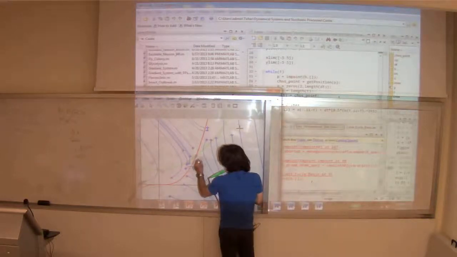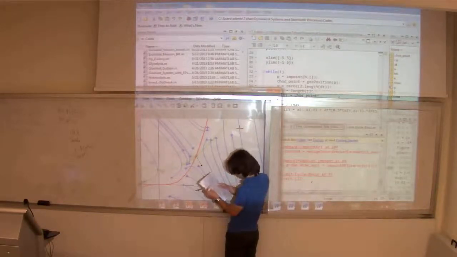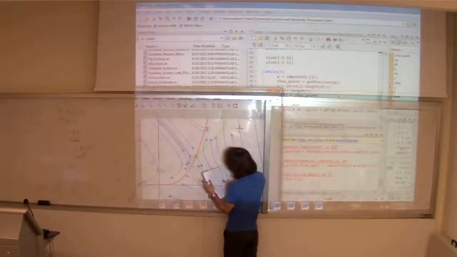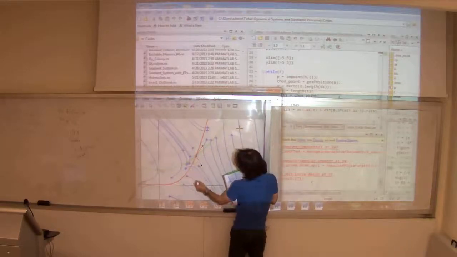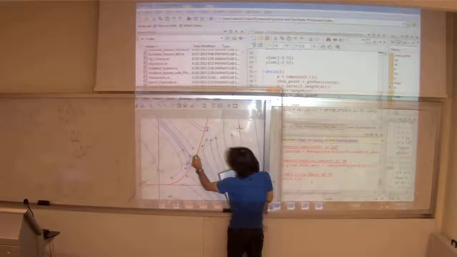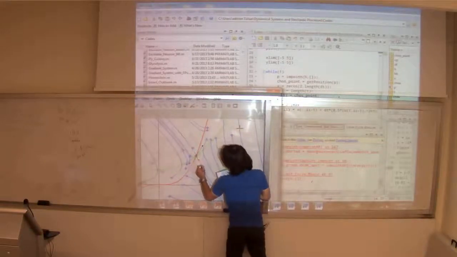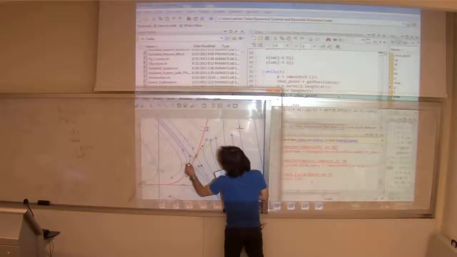So if this would be 1, then minus the square root of 3 would be about here. And then 1 plus the square root of 3. So something like this. This is the eigenvector on which things go into the saddle, and this is the one on which they go out, the unstable manifold we talked about. This is the stable one.